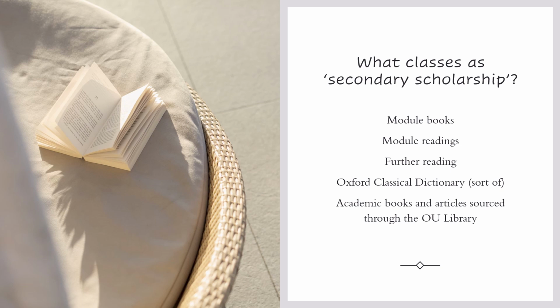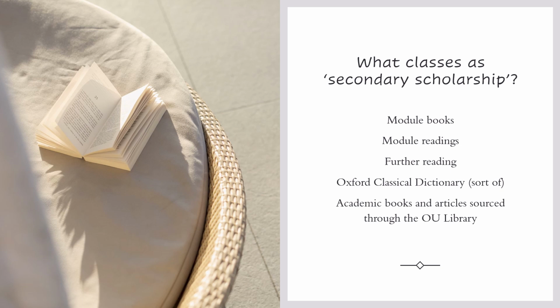The Oxford Classical Dictionary is sort of secondary scholarship. Reference works are tricky to categorize as scholarship sometimes, but the OCD is really very much in the middle because the entries are written by scholars who give their names, and you can again reference them as you would a published article.